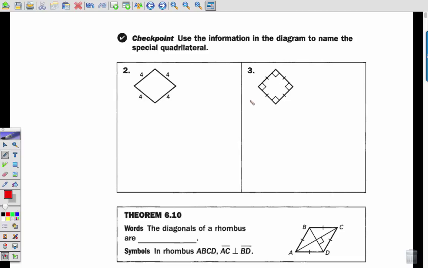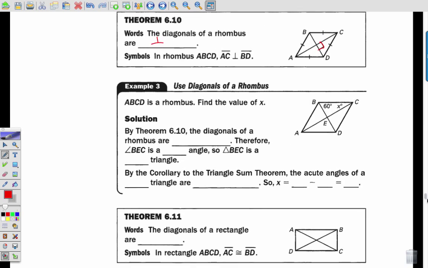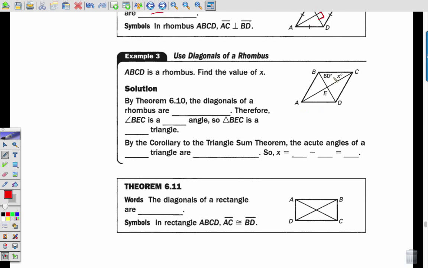Here is a theorem, and this says the diagonals of a rhombus are, look at this, perpendicular. The diagonals AC and BD are perpendicular. So if we know that, let's see how it can help us.